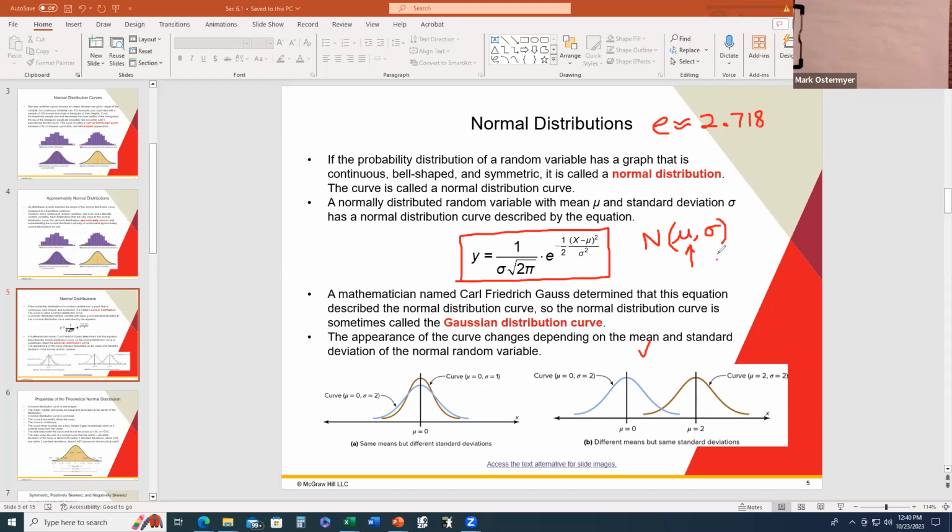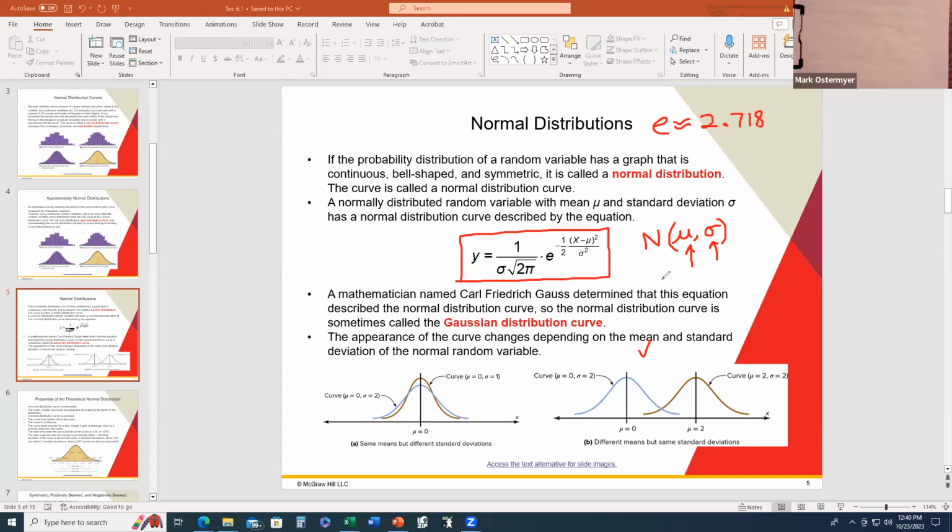The second parameter, the standard deviation of the data set, determines how wide or how narrow your normal distribution is. The larger your standard deviation, the wider your normal distribution or bell-shaped curve is, to reflect the fact that your data points are more dispersed about the mean, median, and mode.